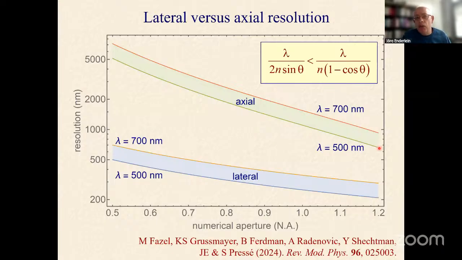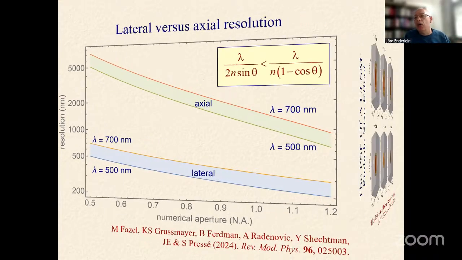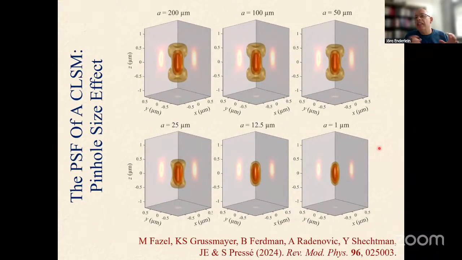However, and this is now for the confocal microscope, it was long known from the very beginning that if you would make your confocal aperture smaller and smaller and smaller, at some point you also start to improve the lateral resolution. This is shown here.